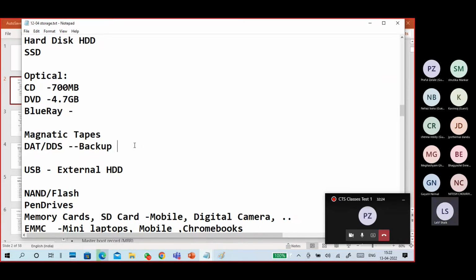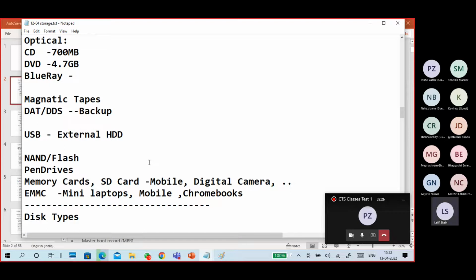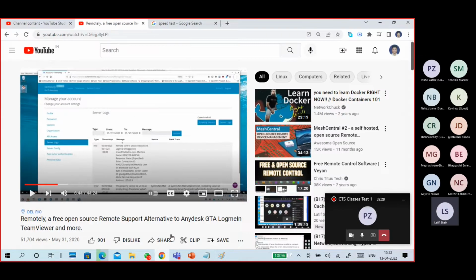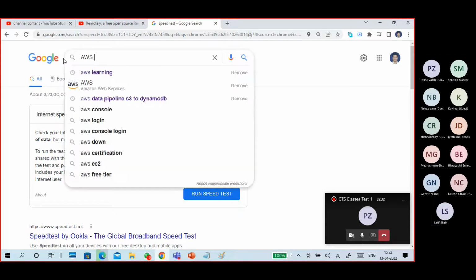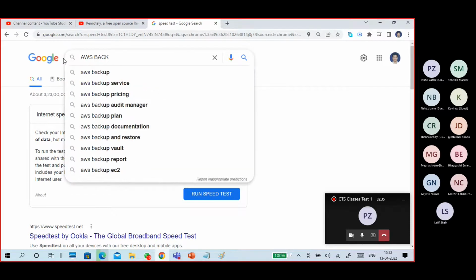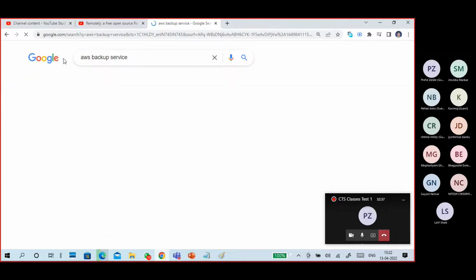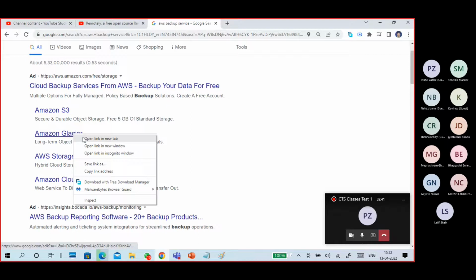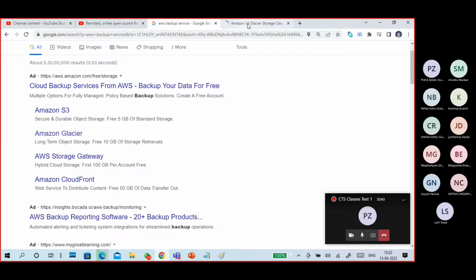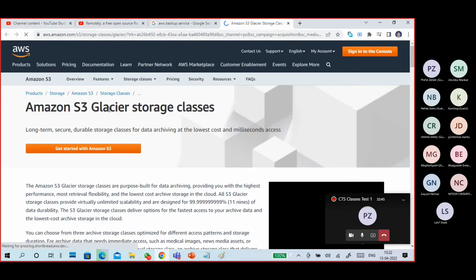Anybody guess? Remember? AWS services. What is this Glacier?